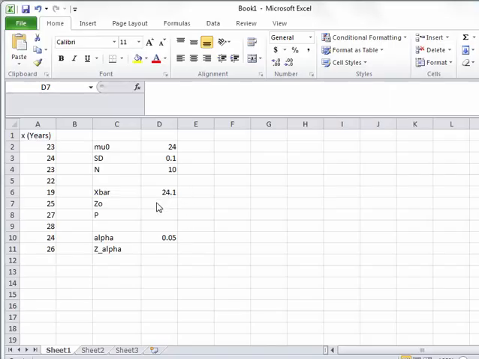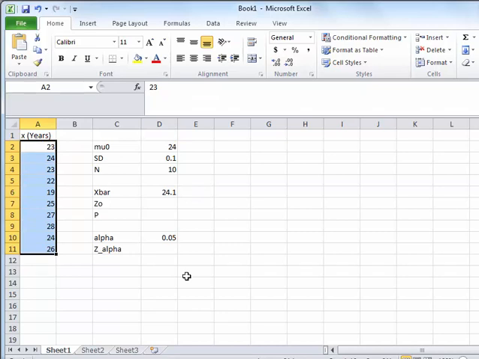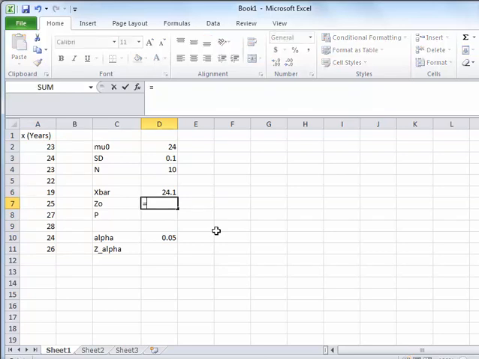So let's go and do that in Excel. We've already computed x bar because it's based off of the data that we have for 747 lifespans in the US Airways fleet. So z naught in this case is similar but slightly different because we have a different mu naught, and so our value is, again, x bar minus mu naught divided by standard deviation times the square root of our sample size.